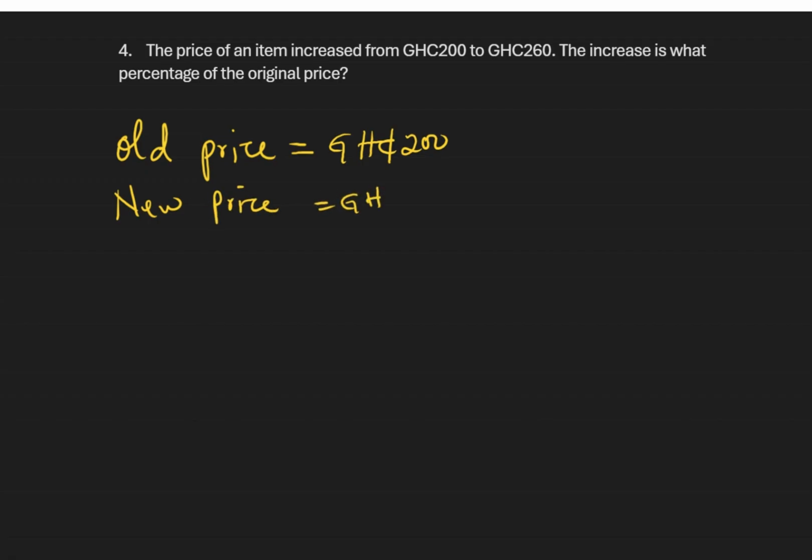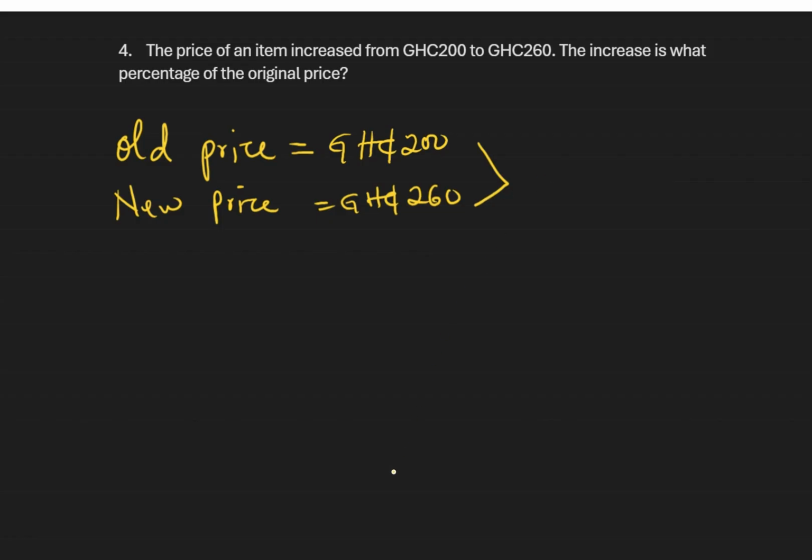The old price, which is the original price, is 200 cedis. The new price is 260 cedis. So what is the change in value?